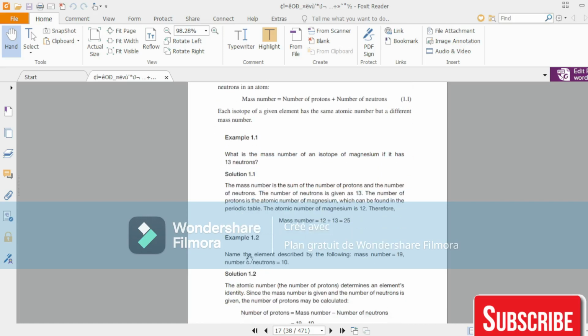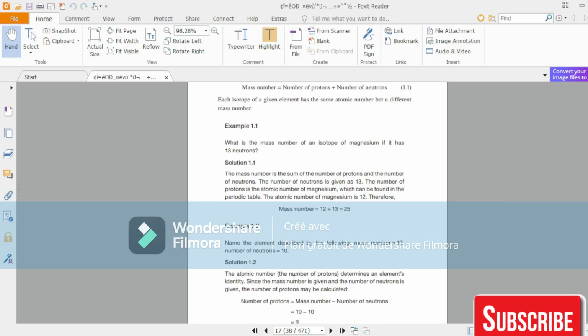Example 2. Name the element described by the following: mass number equals 19, number of neutrons is 10. The atomic number, which is the number of protons, determines an element's identity. Since the mass number is given and the number of neutrons is given, the number of protons may be calculated.